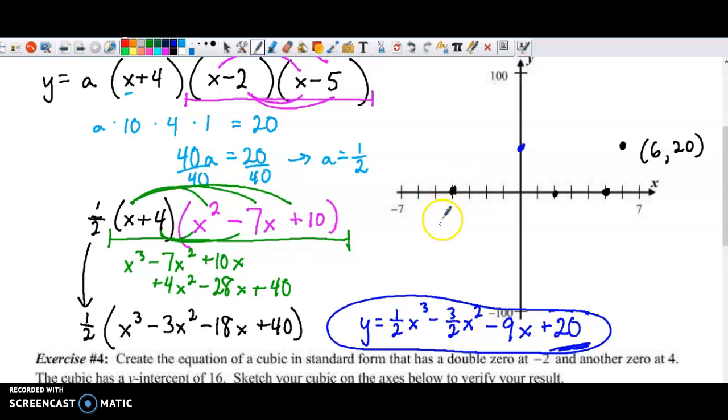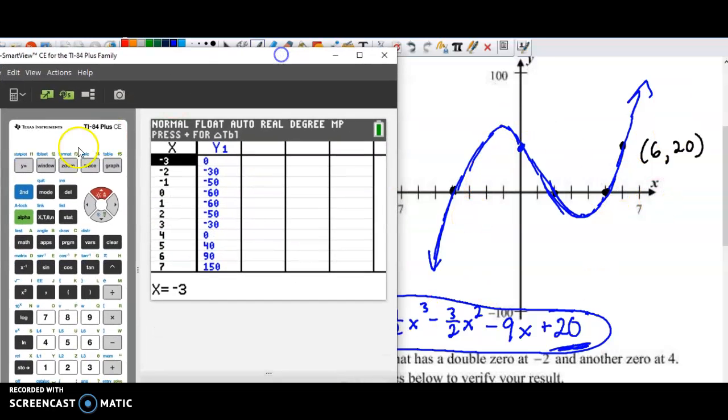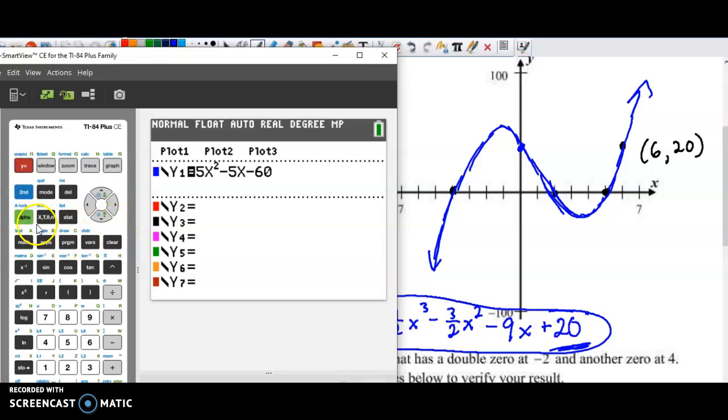So what needs to happen is if I were to connect my dots here, and I don't know exactly how high this turning point goes, but my final answer that I came up with needs to look something like this. So as I go to my calculator, just y equals, make that 1/2.